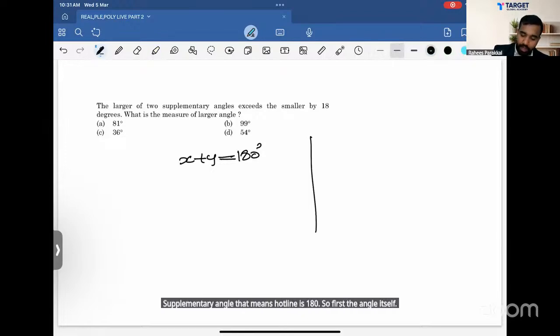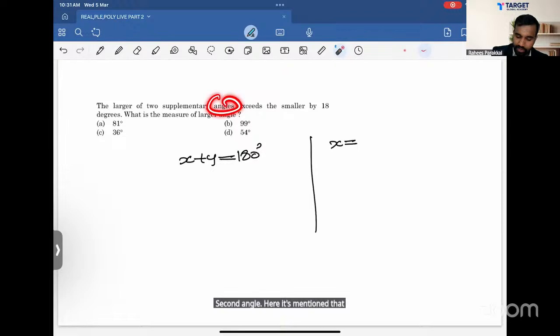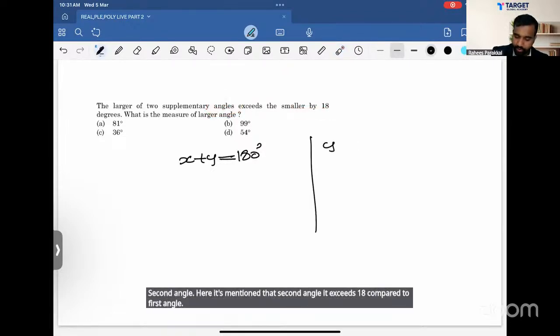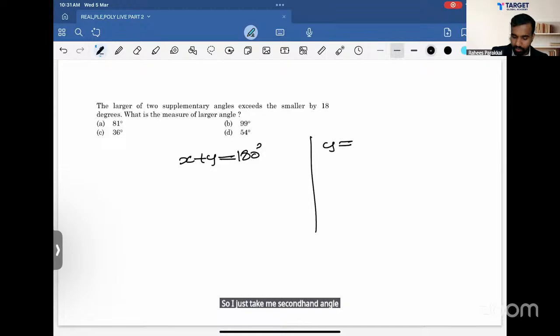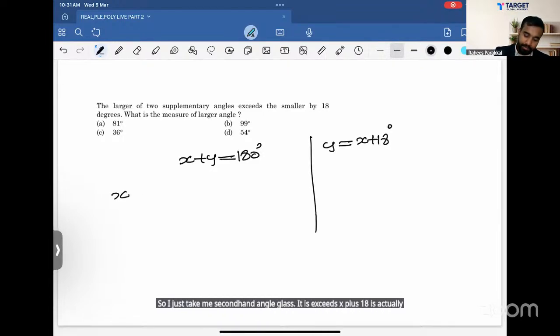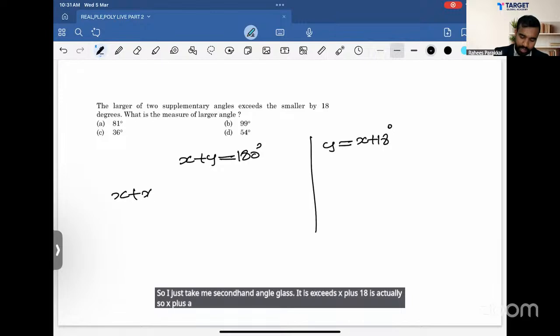Second angle, here it's mentioned that second angle exceeds 18 compared to first angle. So I am taking second angle as y. It exceeds, x plus 18 is actually y. So x plus y in the sense x plus x plus 18. So that means 180 degree.